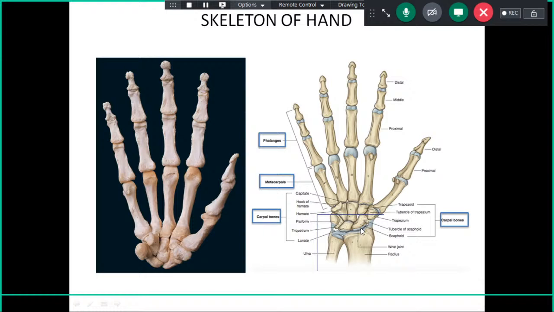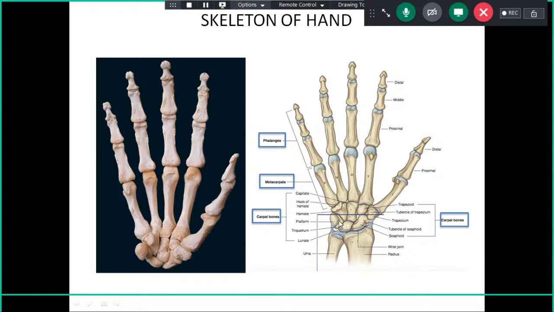And just to revamp again, what are the carpal bones in the proximal row? We have four bones, from lateral to medial: the scaphoid, the lunate, the triquetrum and the pisiform. From the palmar aspect, you cannot very well see the triquetrum because the pisiform is sitting on top of it.